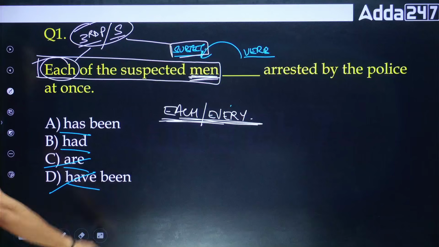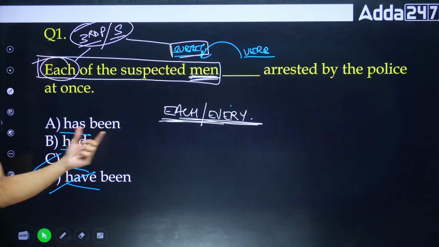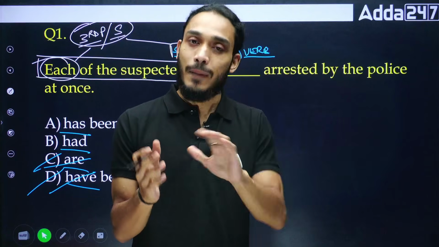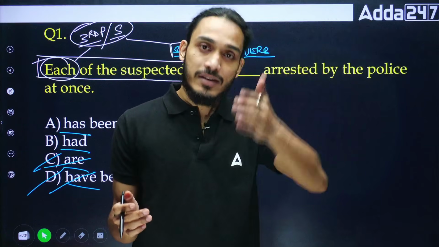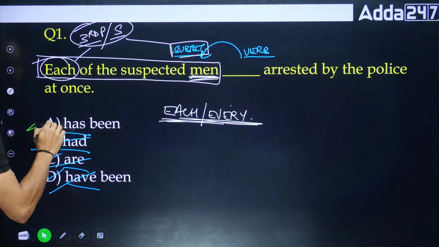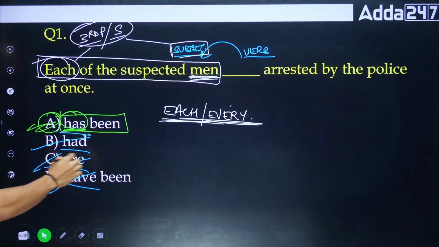So therefore, these two options can be eliminated. Each of the suspected men had arrested. If you write the suspected men had arrested, the meaning falls apart. The men did not arrest, the police arrested the men. So therefore, we cannot write had. The correct answer will be has been arrested. All right. This is the correct one. Has can be applied with third person singular subjects. All right. Clear?